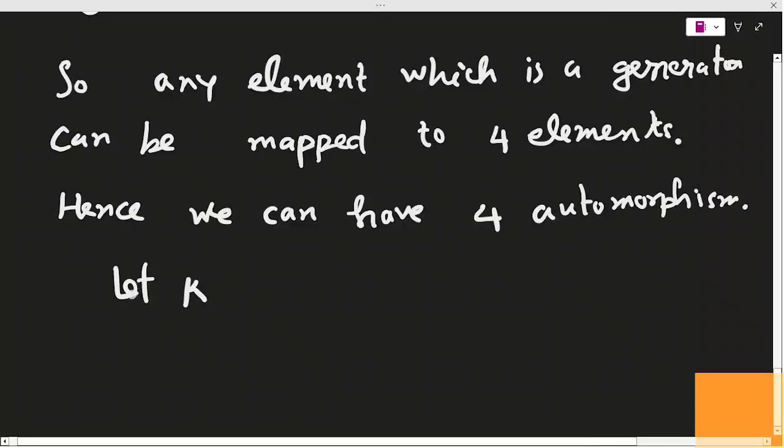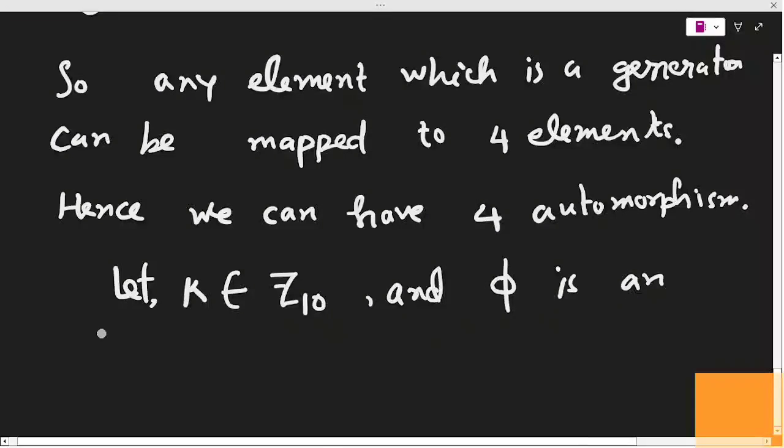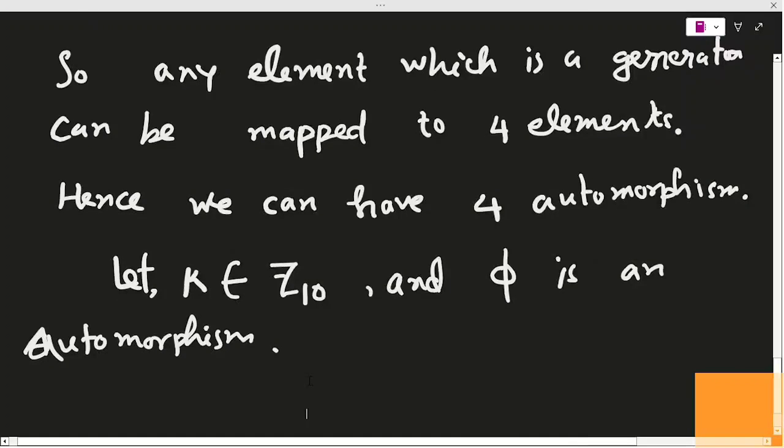Let k belong to Z10, and phi is an automorphism.